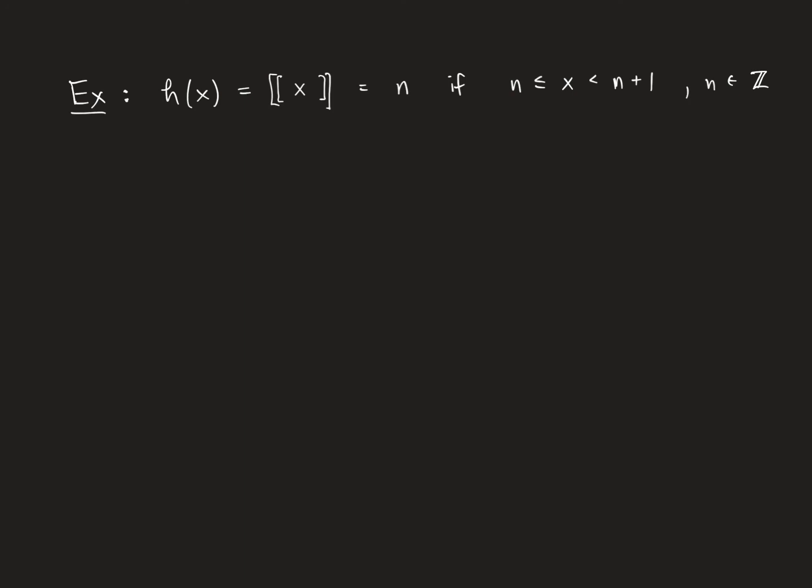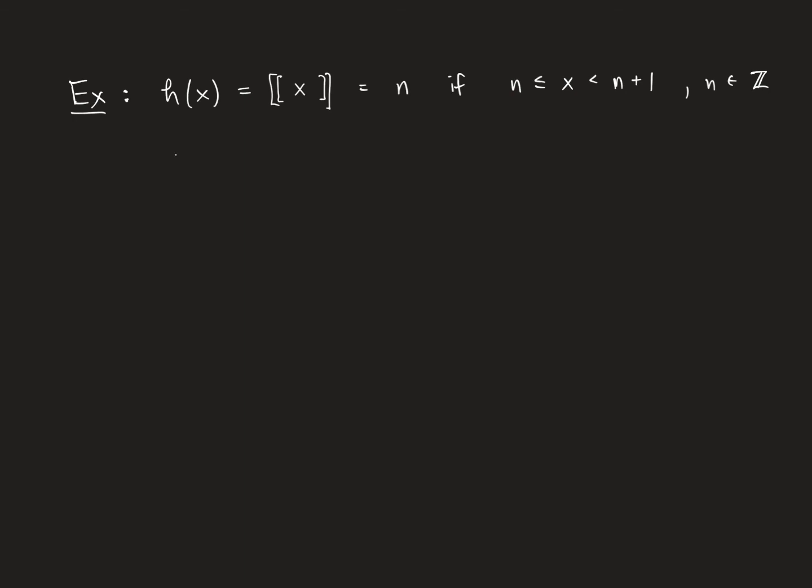So we showed earlier in the course that for any real number, you can always put that real number between an integer and a subsequent integer. And so this is the greatest integer less than our real number. So that's the output of the function.